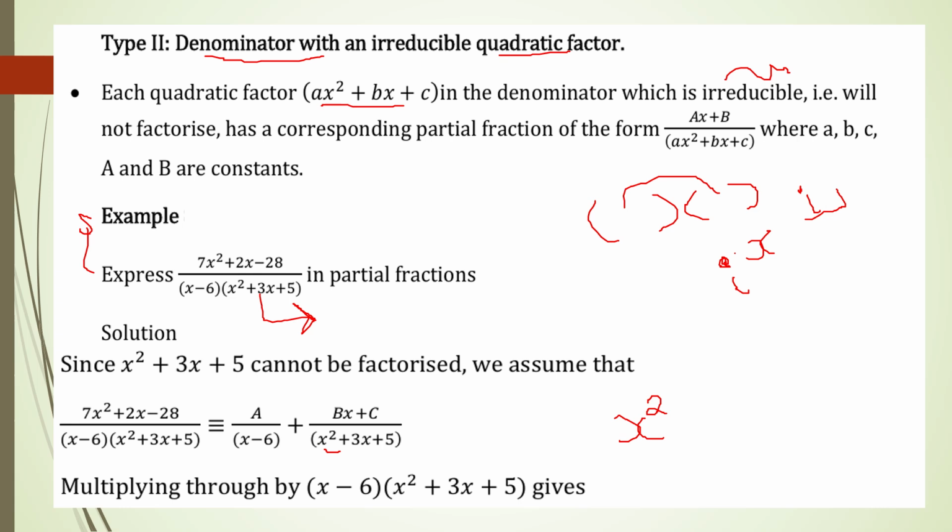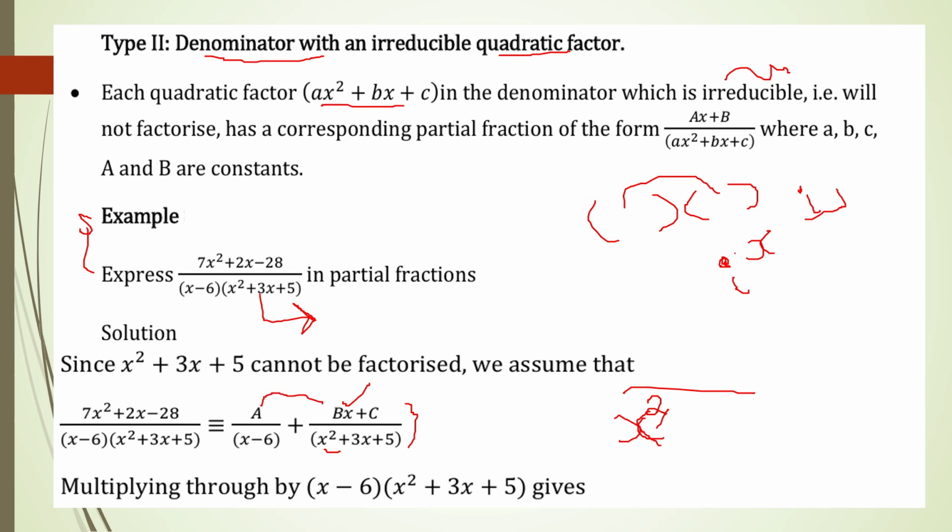So if you're having your quadratic to be x squared, that means that in the numerator I must have a degree which is lower by 1. That's why you're seeing here we made the numerator to be bx plus c.